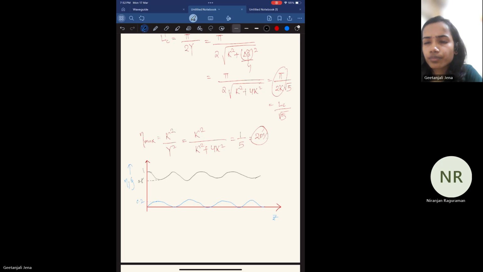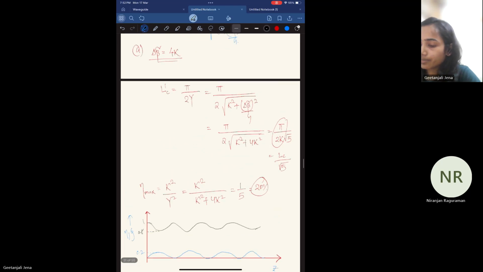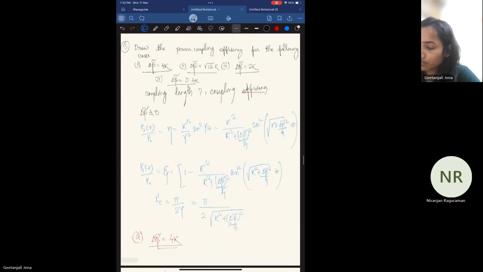So LC becomes longer. Okay, here I think you are talking about delta beta when it increases.